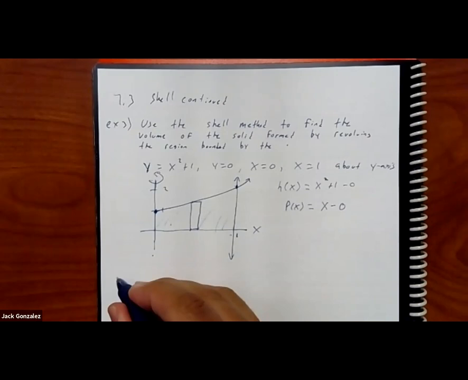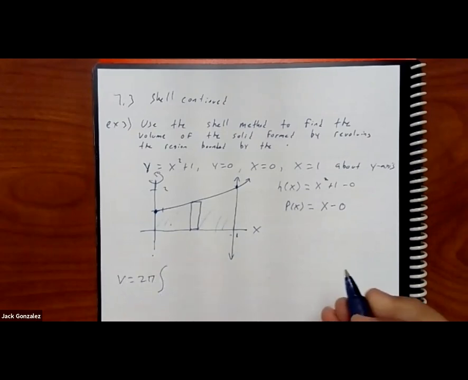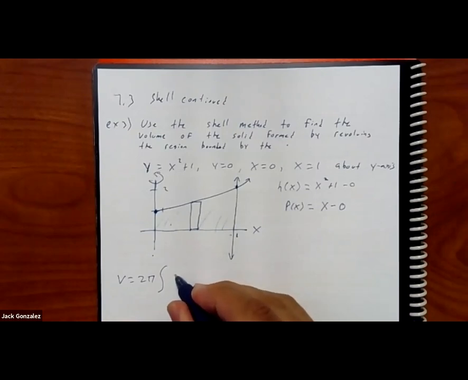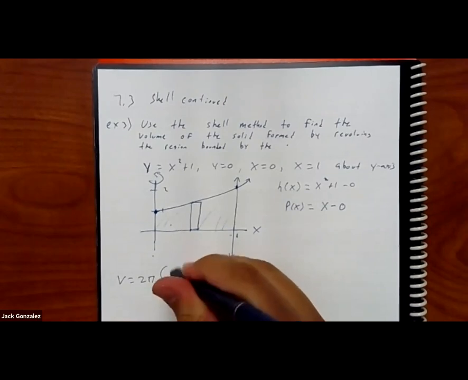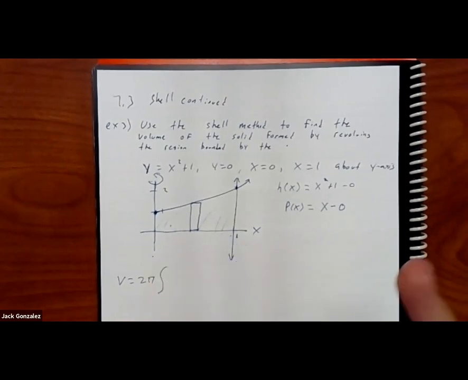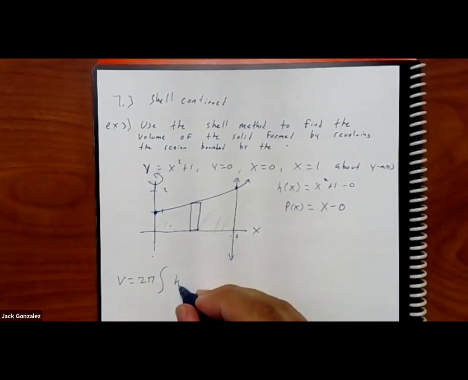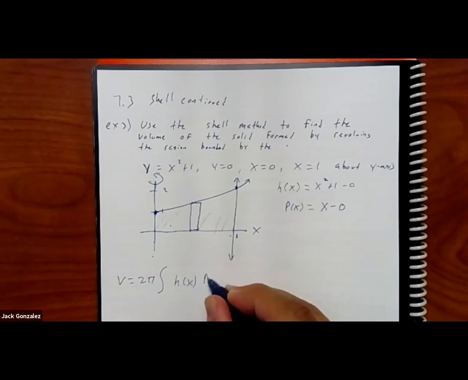So the shell method, the volume will be equal to 2 pi integral of height. I'm going to go ahead and write the formula. H of x times rho of x dx from some a to b.